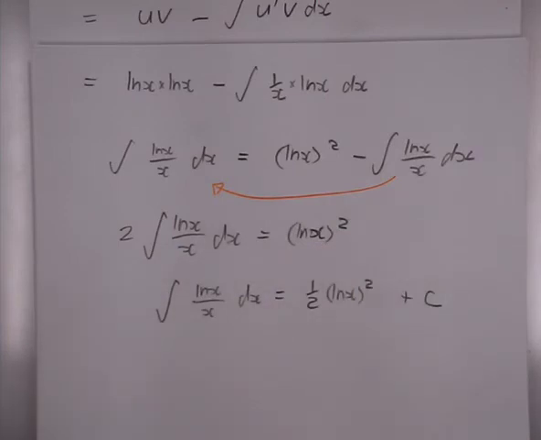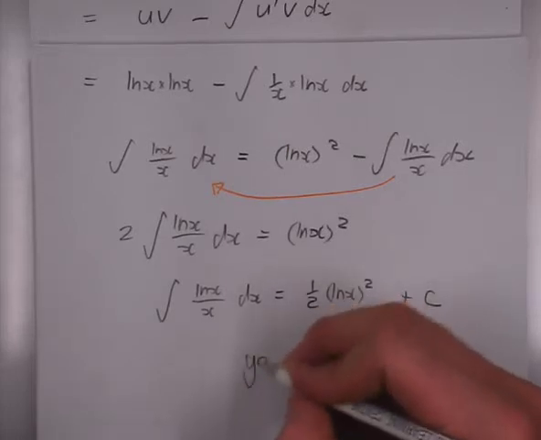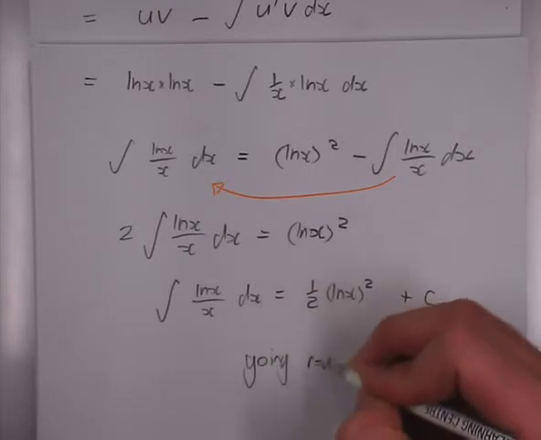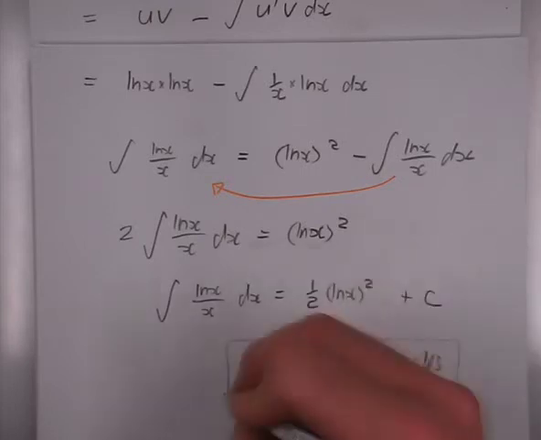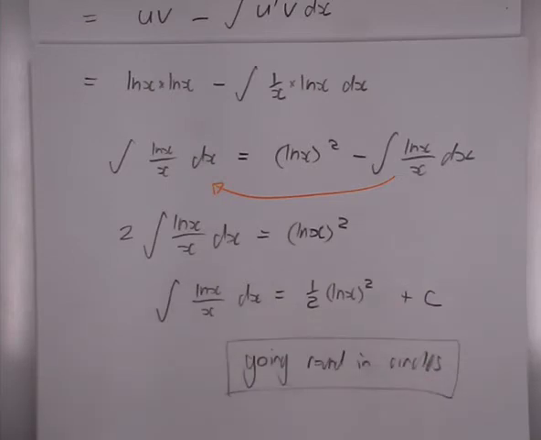It doesn't really matter. I call this method going round in circles. You've gone forward to end up exactly where you started, and then you can put that integral on the other side. To be fair to you, this is probably the only situation you'll see it in this course, because it's much more likely to happen if you've got trigonometry stuff.